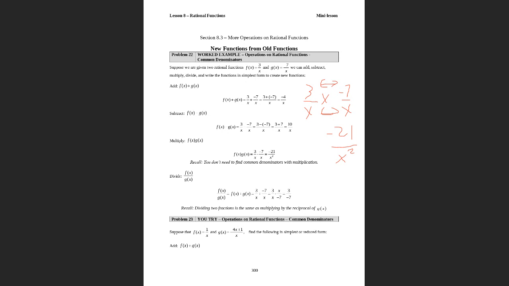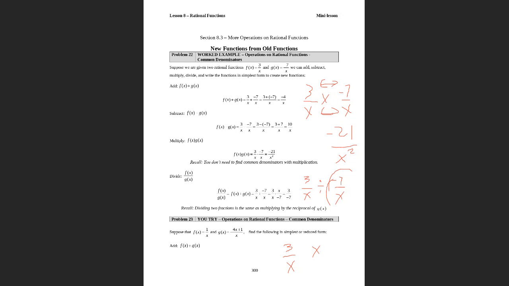Now, what about if you are dividing? When you are dividing, again, remember the rules. 3 over x divided by negative 7 over x. The rule says you have to change the sign: the divide changes to multiply. And then you flip this over, you reciprocate this.